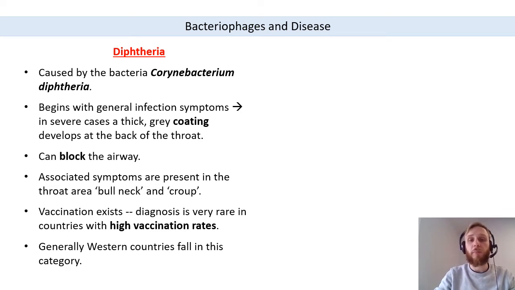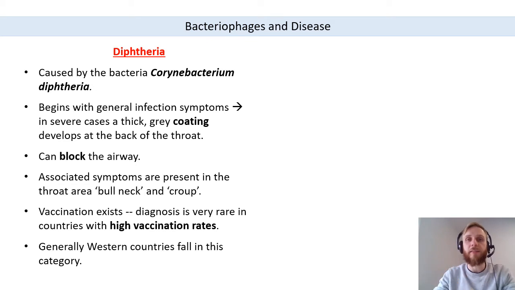So it's caused by Corynebacterium diphtheria. So this is a bacteria. It typically infects the throat, and when an individual has an infection there's kind of general infection symptoms that can progress to a thick greyish dark coating at the back of the throat, which is essentially a compromisation of the local environment.